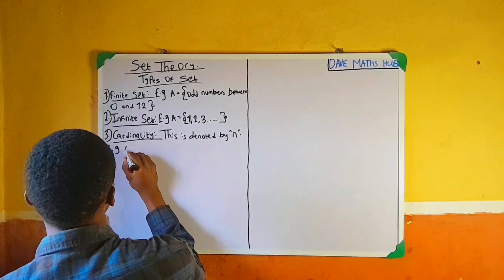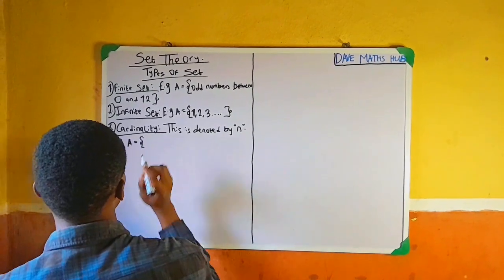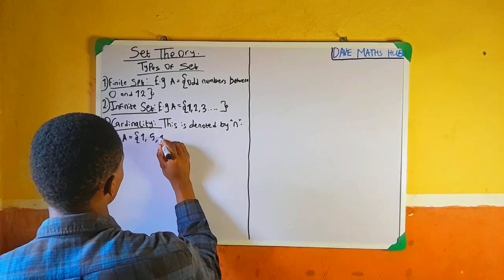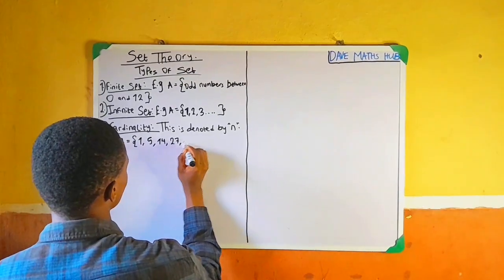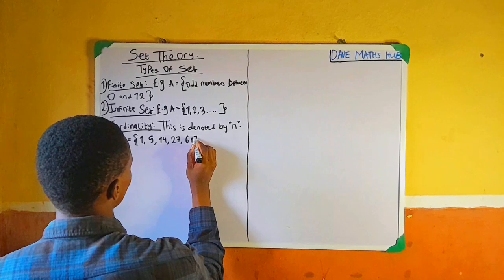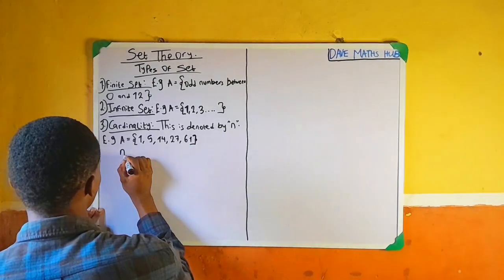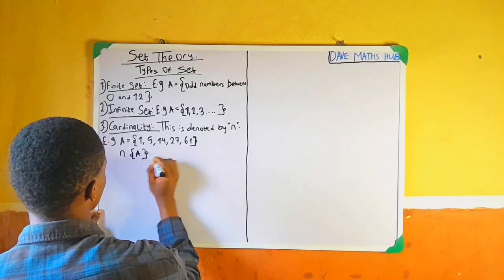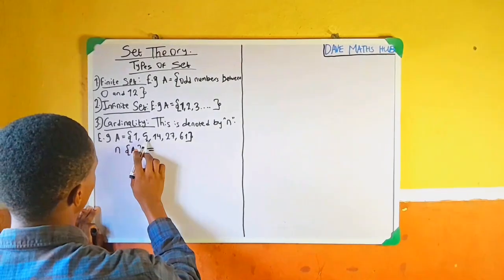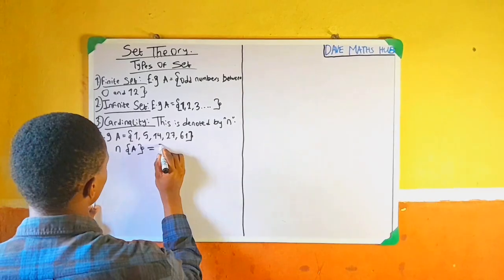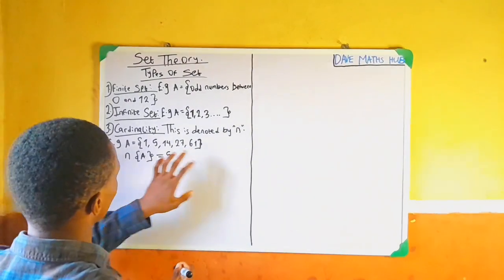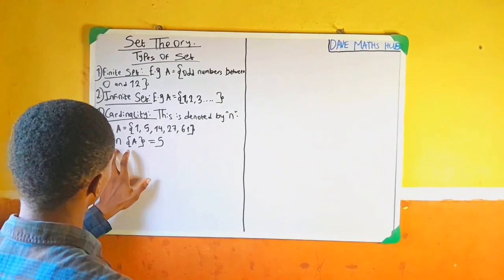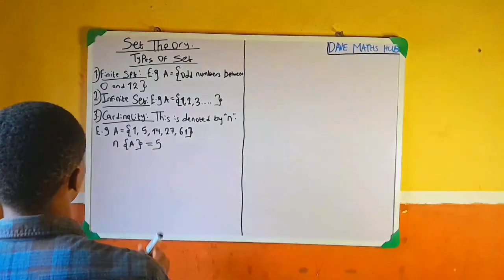E.g., A is equals to, let's use random numbers like 1, 5, 14, 27, 61. So, therefore, n(A) is equals to how many? 1, 2, 3, 4, 5. Like I said, it states the number of elements. These are the elements in set A, telling us that the number of elements in set A is 5.